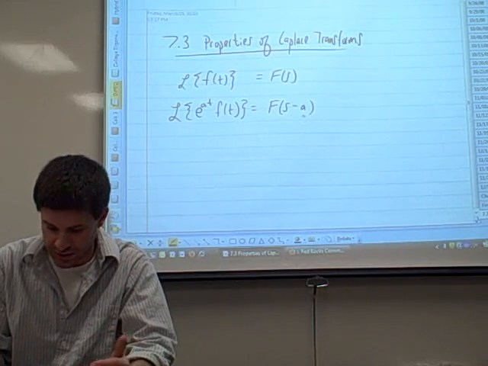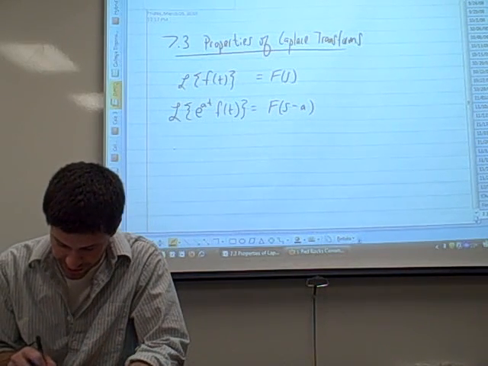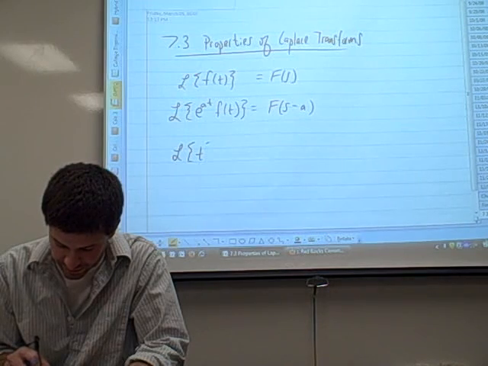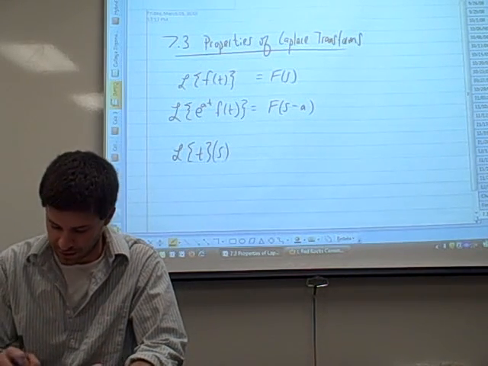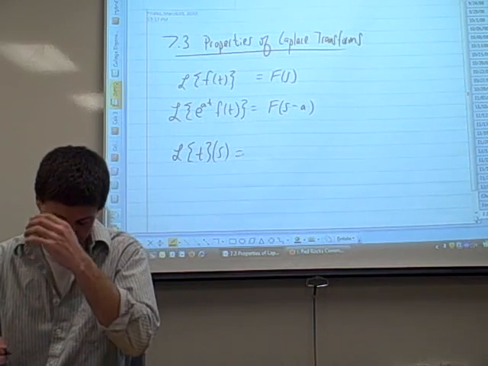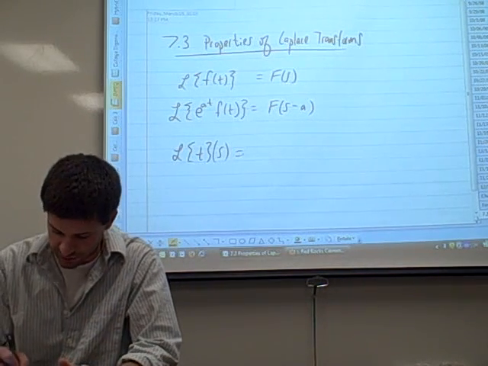So, for example, in the last video, we found, using the definition, that the Laplace transform of t, which again we could write as a function of s, was 1 over s squared.